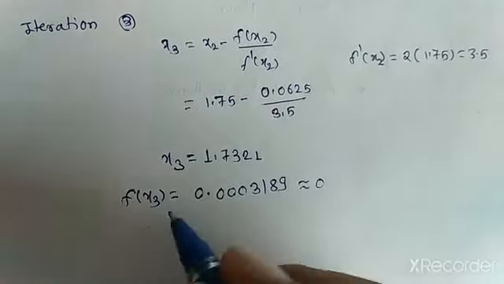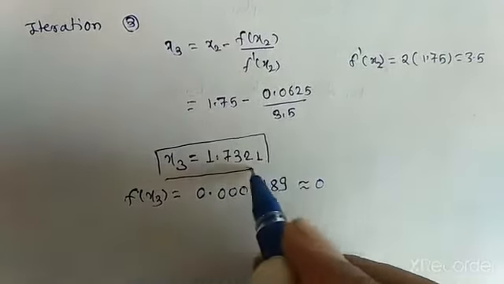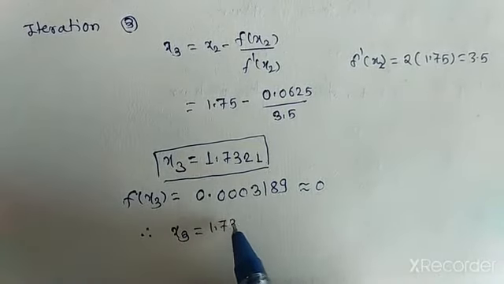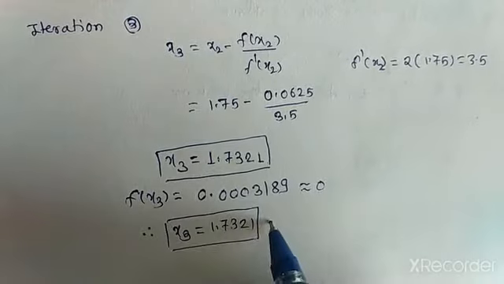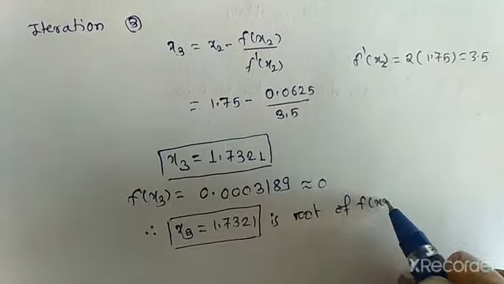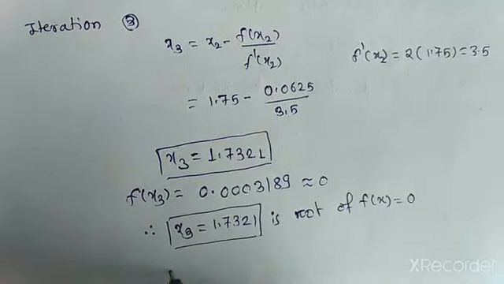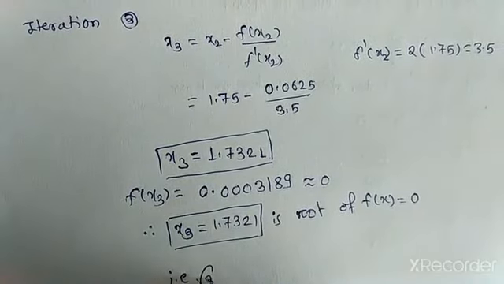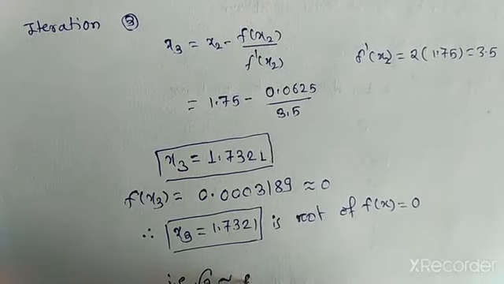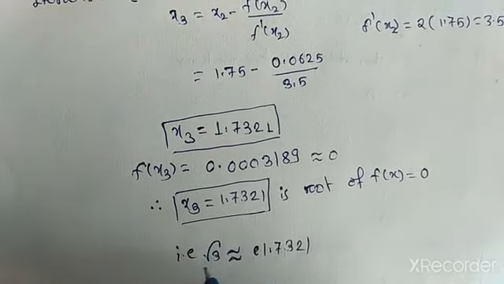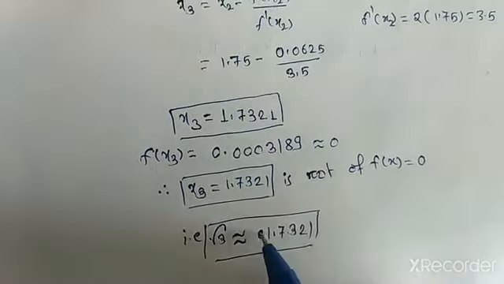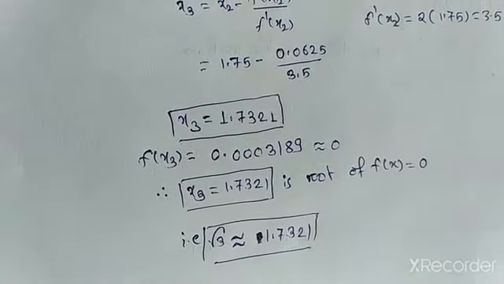So here after the third iteration, x3 equal to 1.7321 is a root of f of x equal to 0. That means the value of root 3 is approximately equal to 1.7321, which is our required solution.